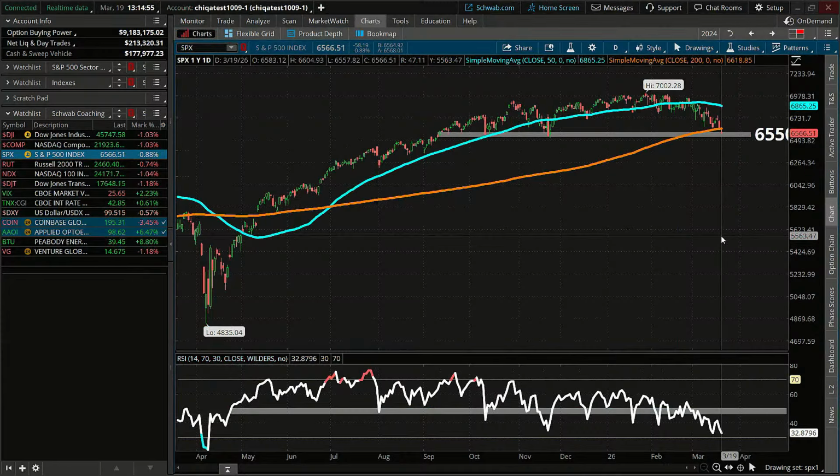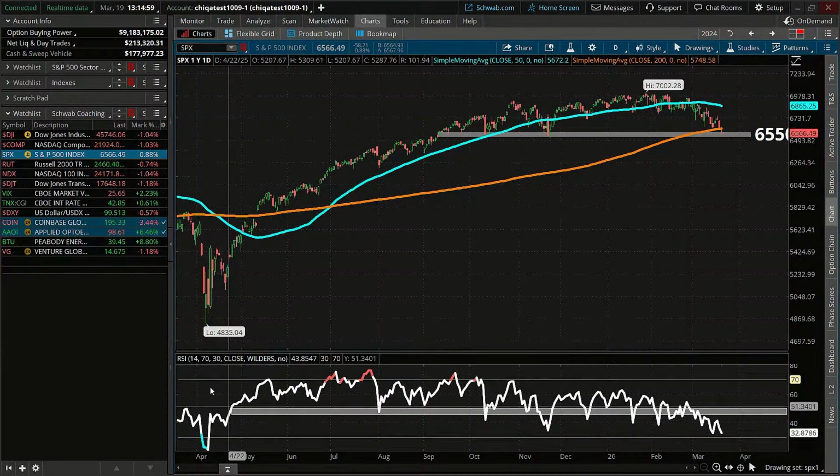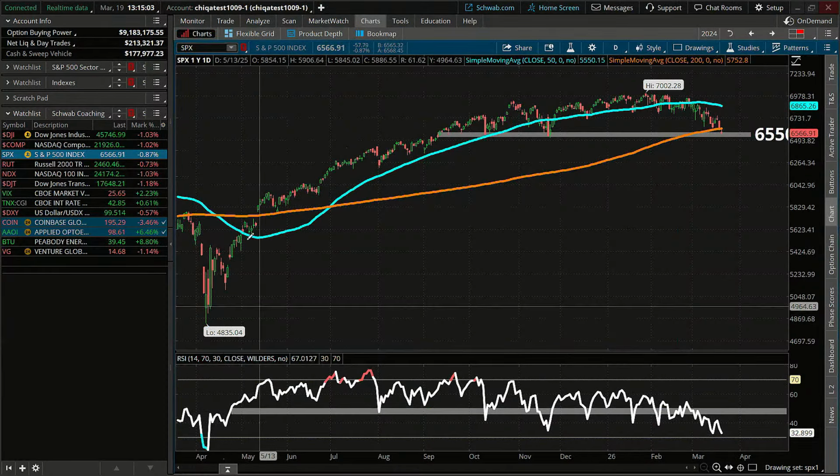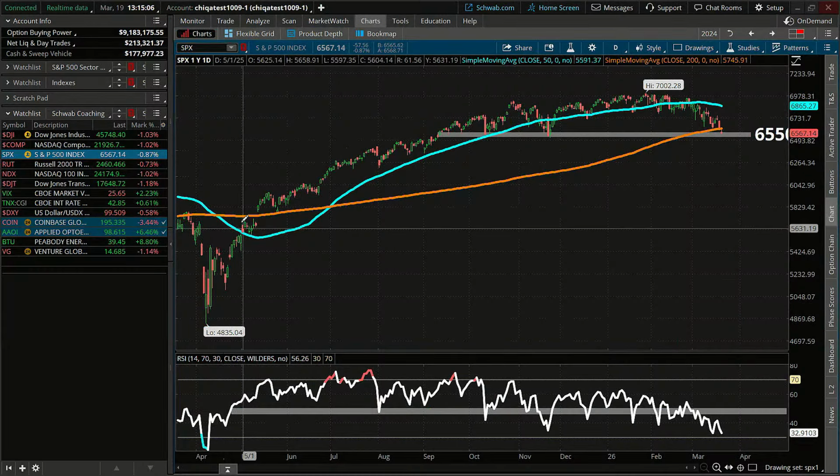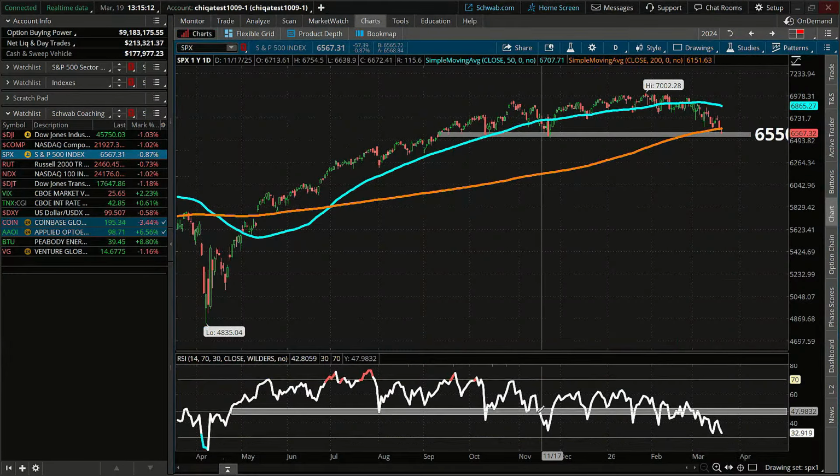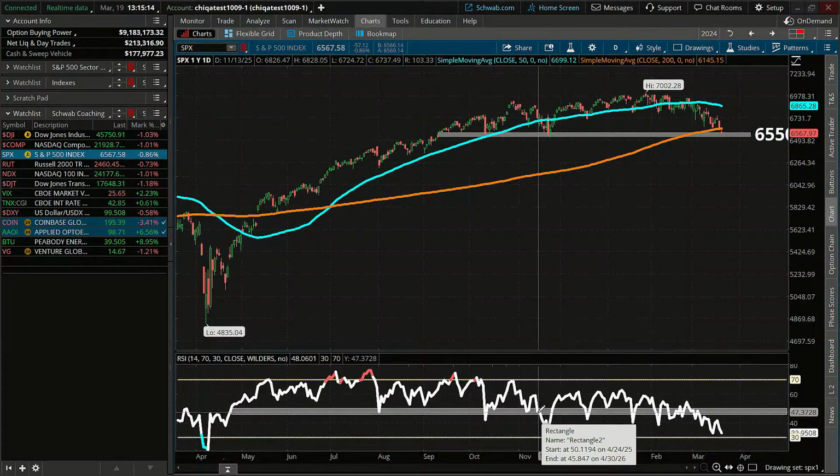So when we are in a bullish momentum regime, take a look at this time frame, all the way from where we made our recovery in April to, let's say, back in November.